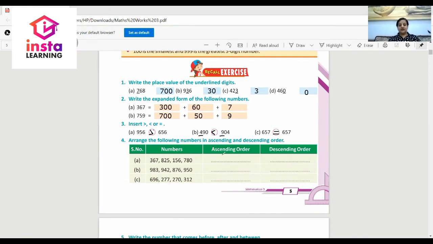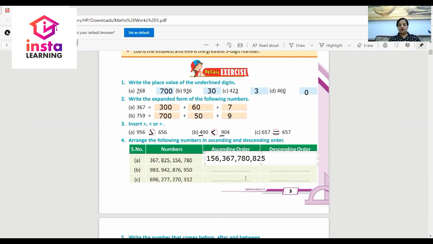Next, we have to write ascending order and then we have to write descending order. Ascending order is when the smallest number comes first: 156, comma, now 367, comma, then 780, comma, then 825.